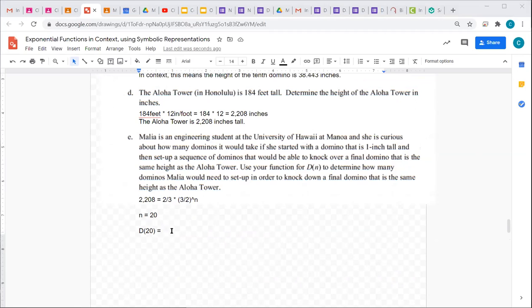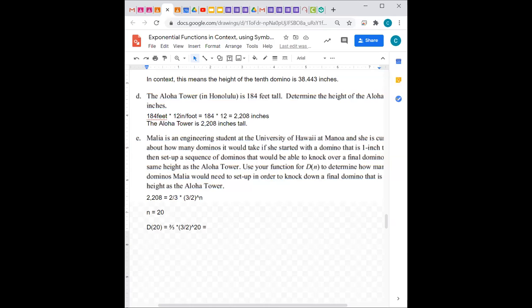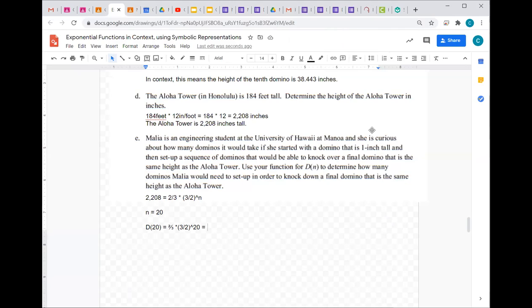Well, just know that I'm doing 2/3 times 3/2 to the power of 20. I use a calculator to solve it, and I get 2,216.